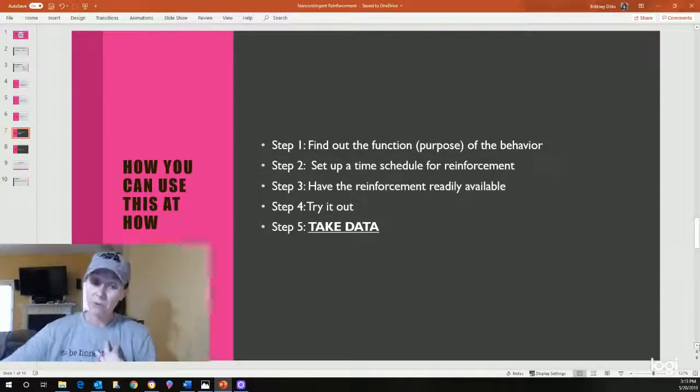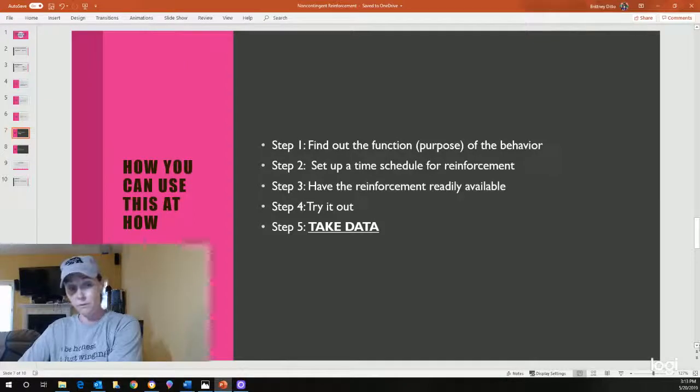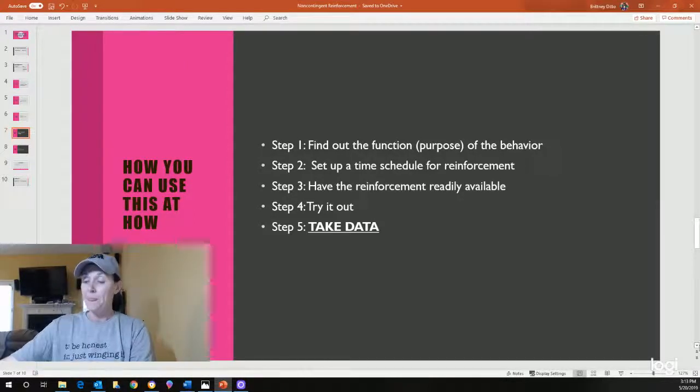What I personally like to do is write the behavior first, because you can go through and say, okay, I know this particular behavior is what I'm looking for.